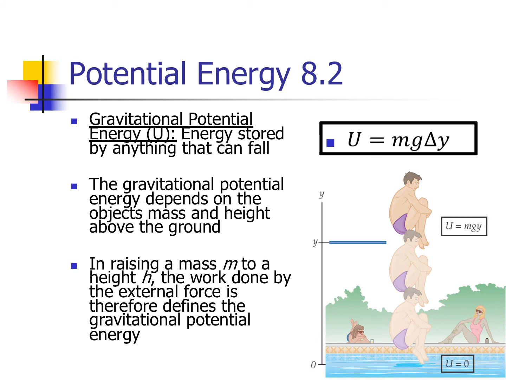Gravitational potential energy. Usually we use the symbol capital U. I've also seen gravitational potential energy written as GPE, and even shortened to just PE, based on you knowing what we're talking about.